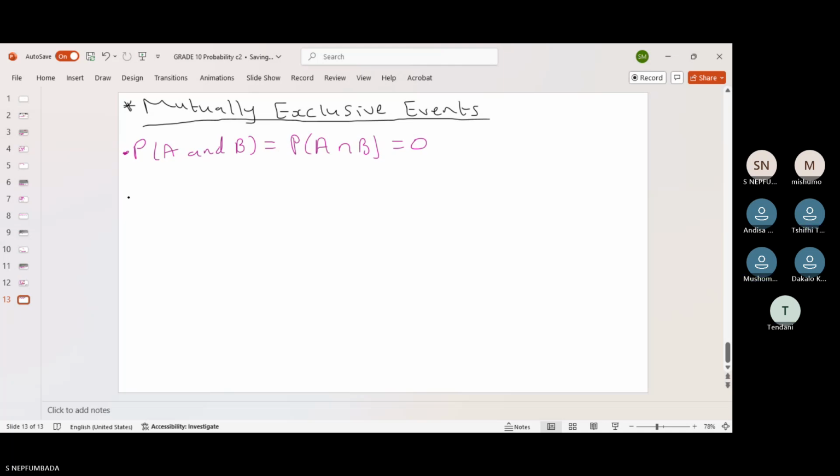Again, we talk about the addition formula, the one that we're using.